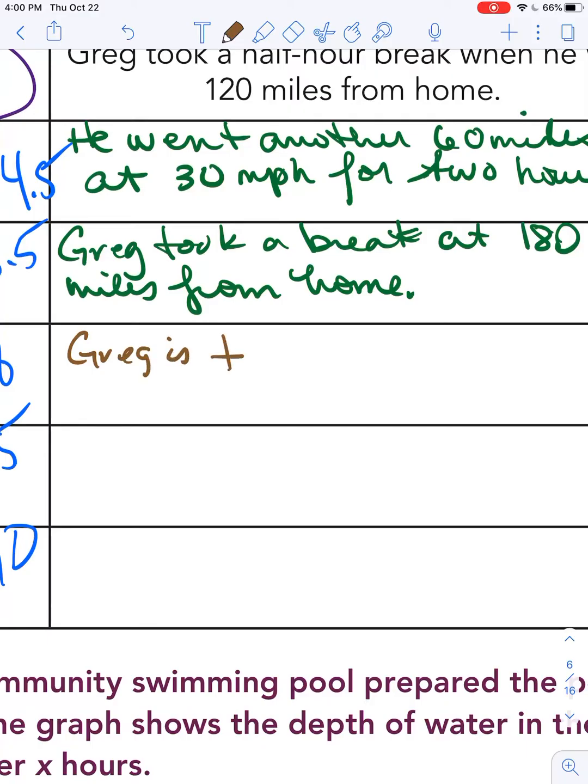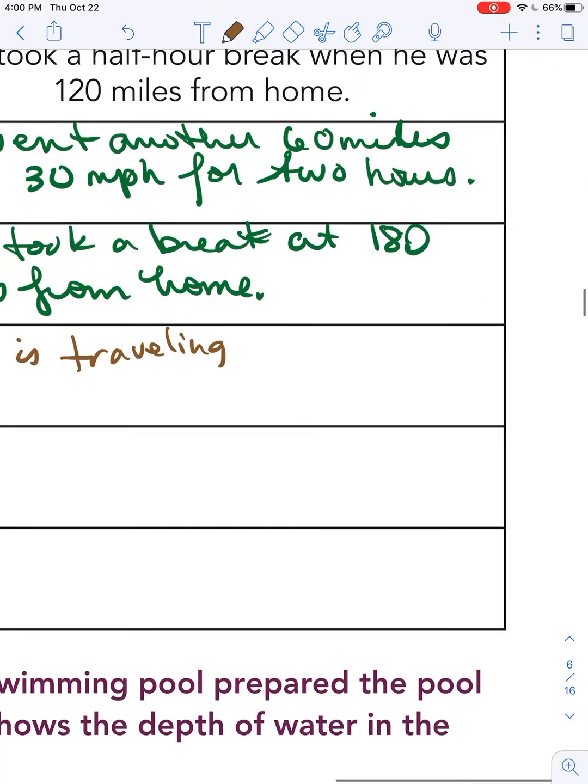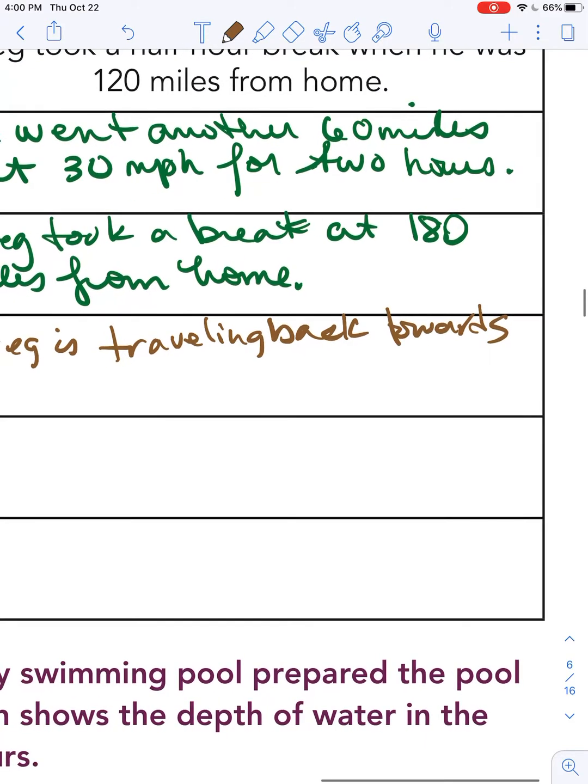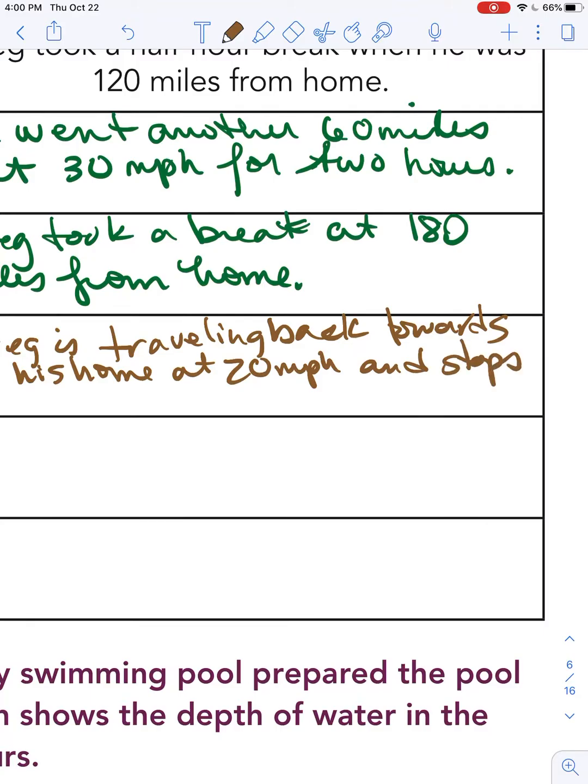Greg is traveling back towards his home at 20 miles per hour and stops at 150 miles from home.